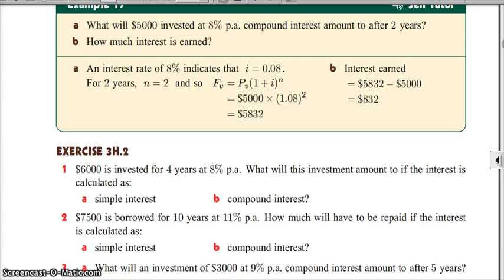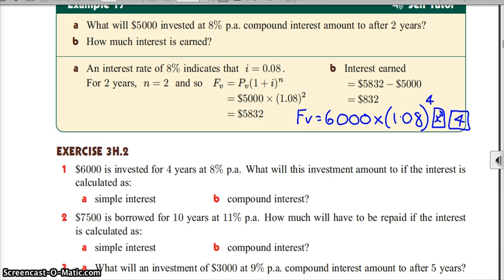I'll quickly do the buttons that you press, Jack, and then I'll re-explain it. So future value equals 6,000 times 1.08, and then you'd press x^y or y^x, it depends on what you've got, and then you'd press 4, because it's raised to the power of 4.